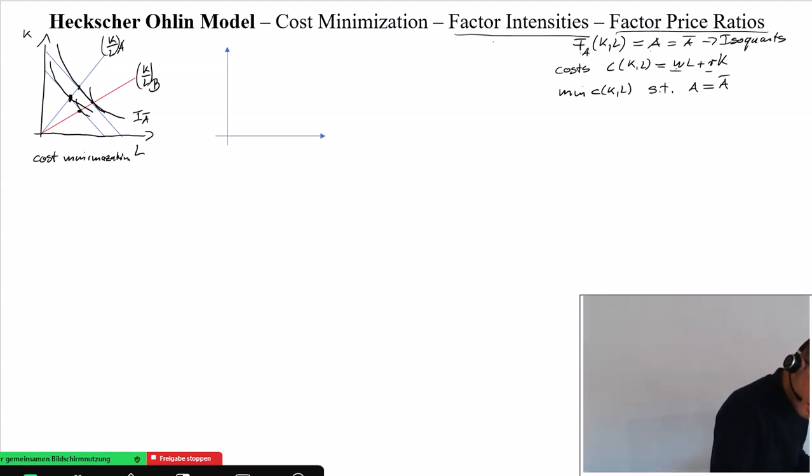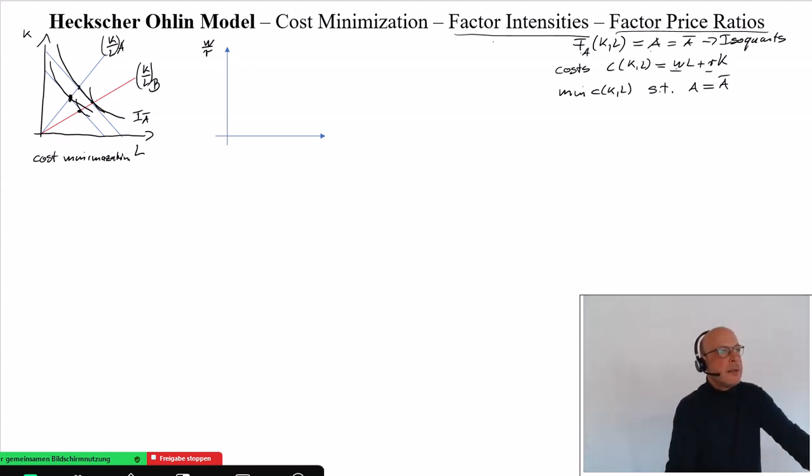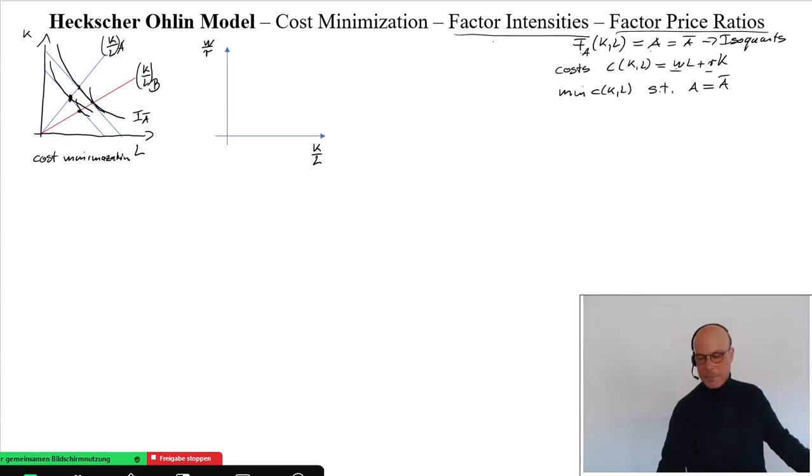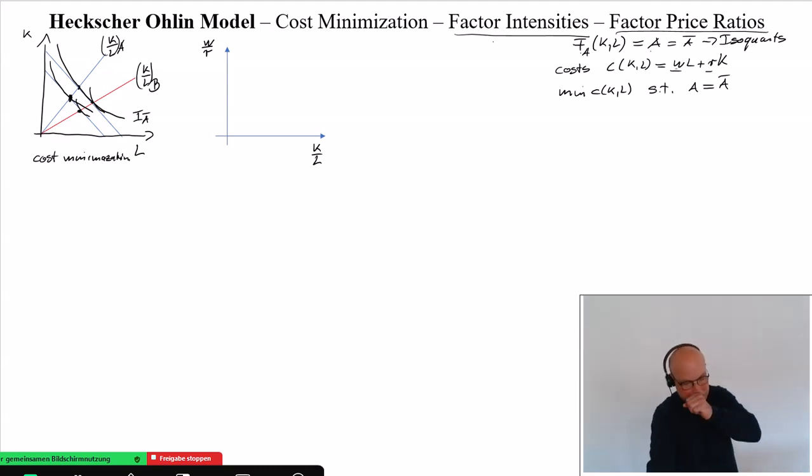So on the vertical line, we put our factor price ratio, wages over interest, and on the horizontal line, our capital over labor.